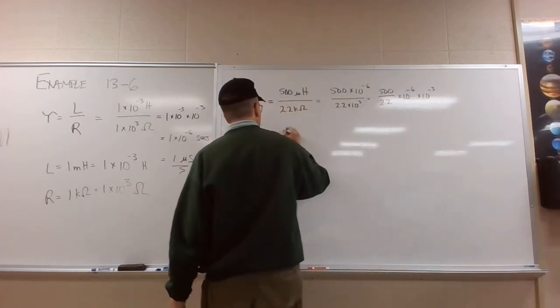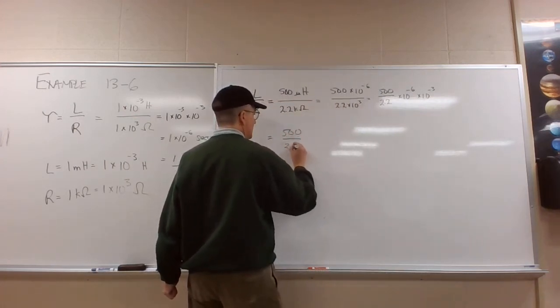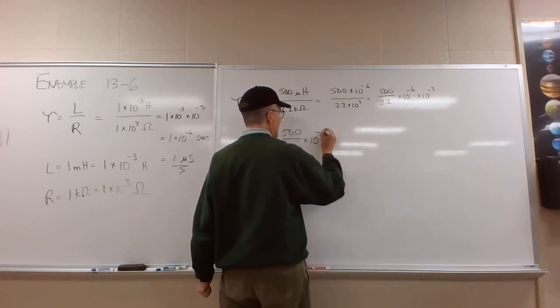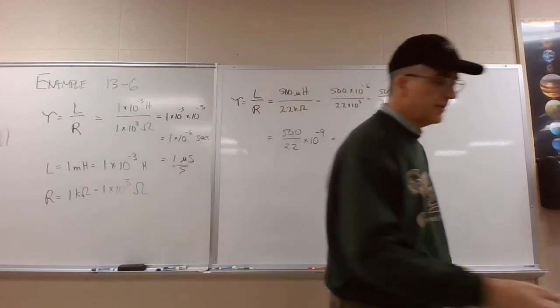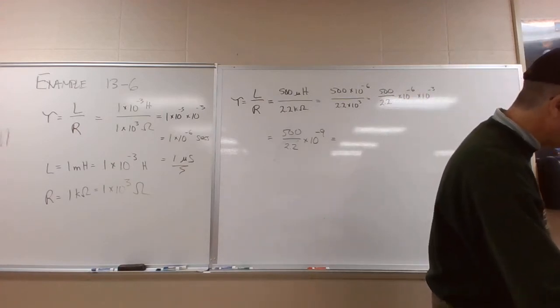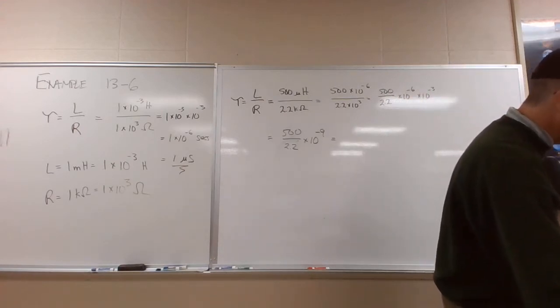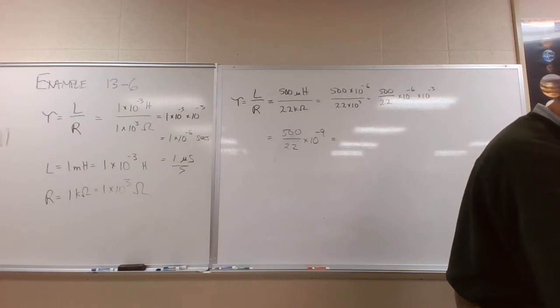So that's 500 over 2.2 times 10 to the negative 9th. So now I just need to do 500 divided by 2.2. Go to calculator over here. Calculator. 500 divided by 2.2.